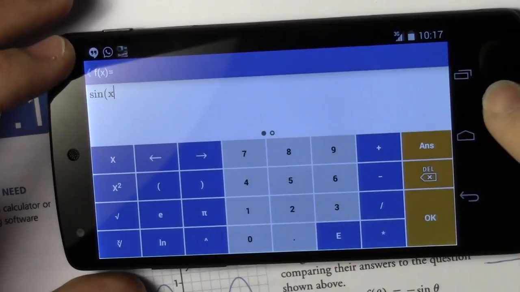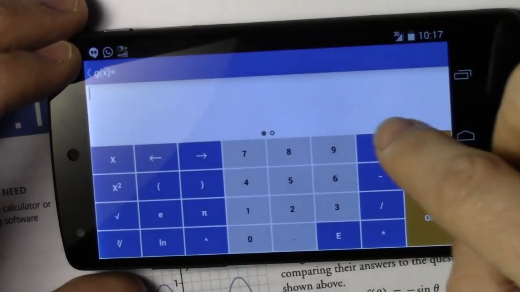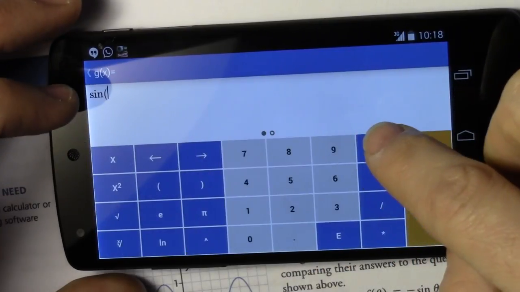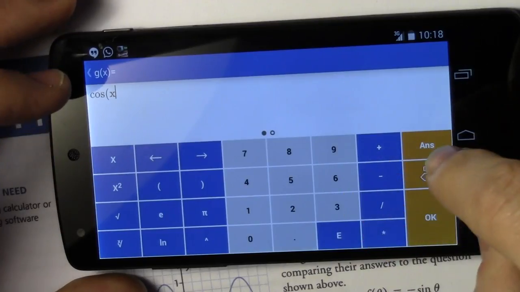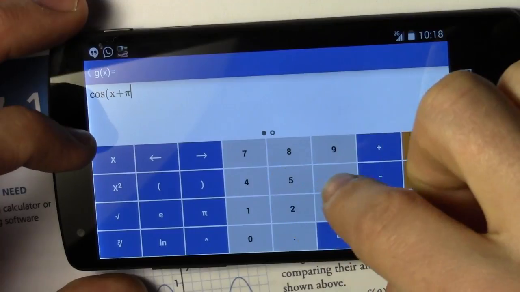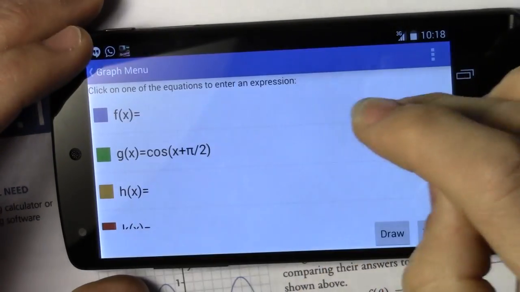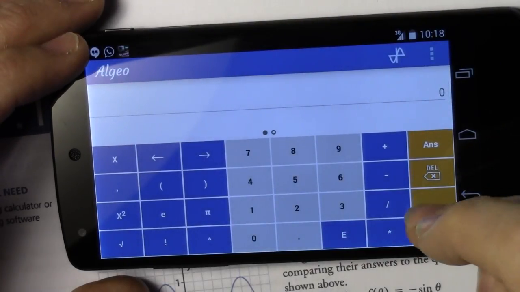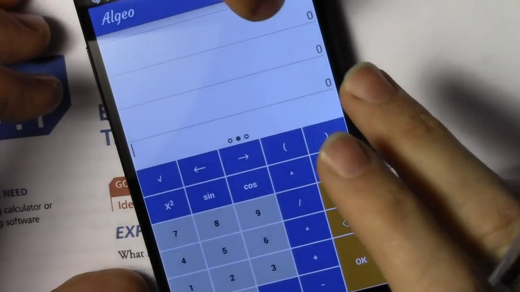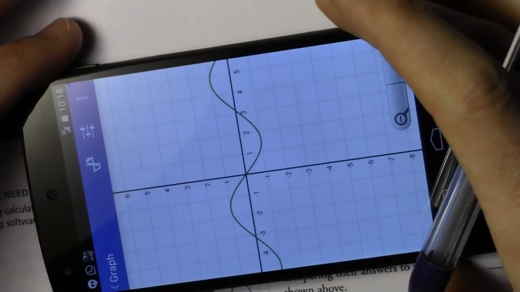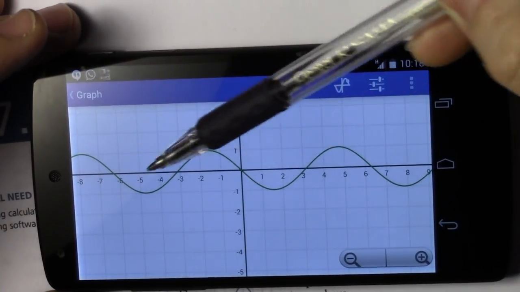Sine x minus pi. Okay. In any event, because all the graphs do overlay each other, as we discussed before, you can't see a difference on the graph, right?